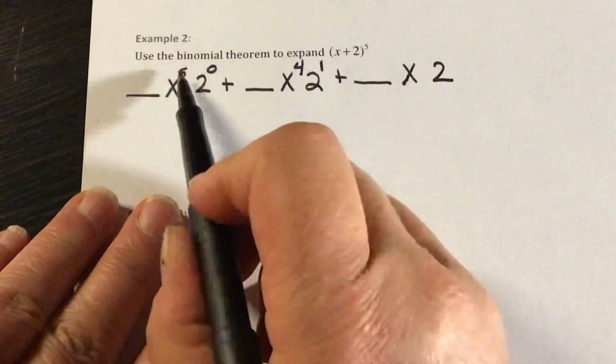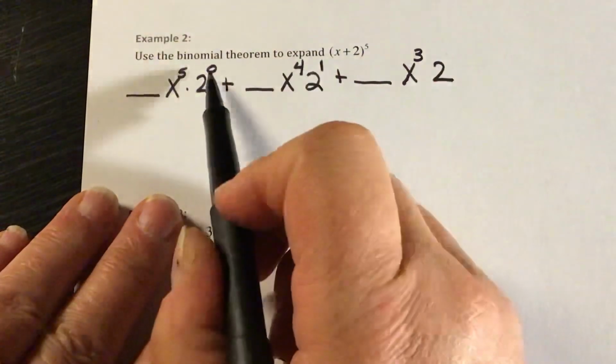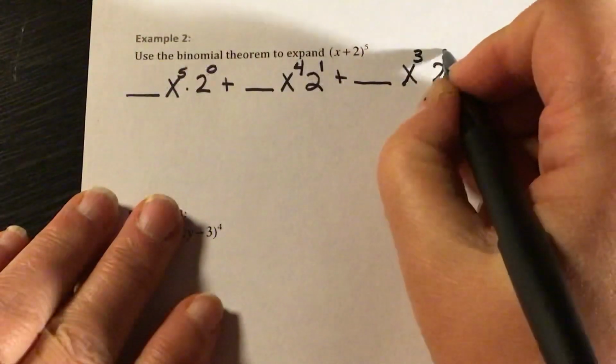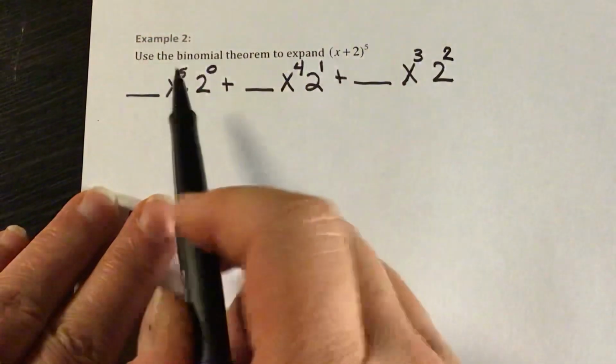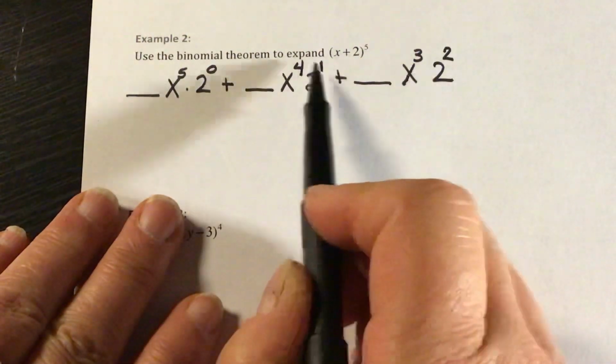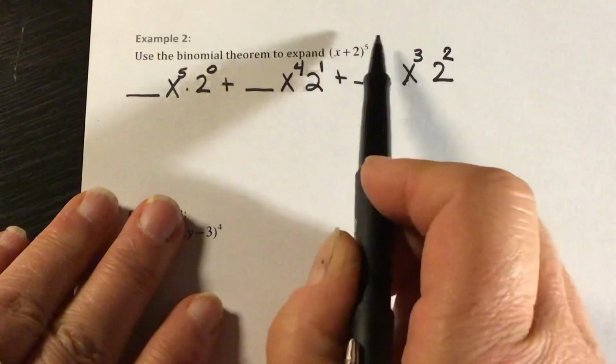My x is going to be 5, 4, 3, and then the 2 is going to be 0, 1, 2. If you look at each of my exponents here, you'll notice that they all add up to 5, which is my exponent up here.